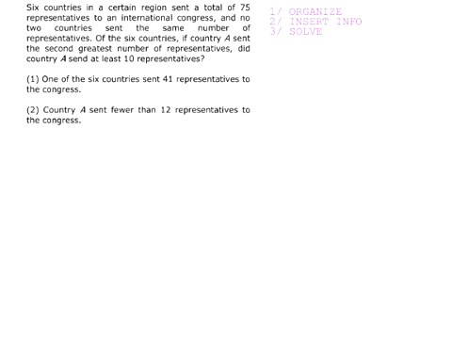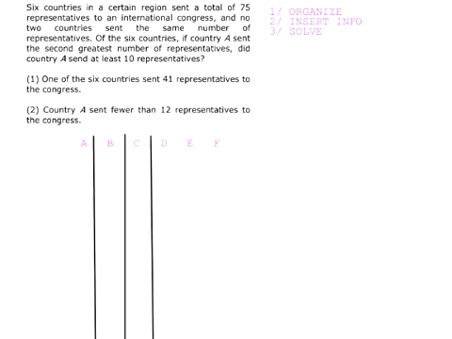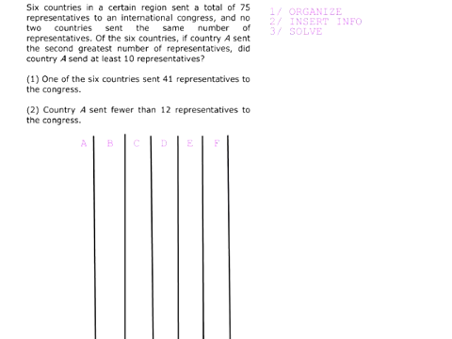So here, A, B, C, D, E, F. Technically we need 2 frameworks because there are 2 statements, but we can just put horizontal lines to divide this up. So that is not really a problem. But there's a framework. That's not super complicated or anything.